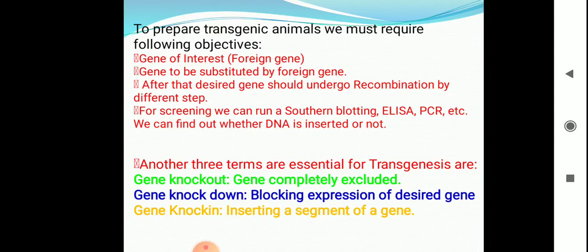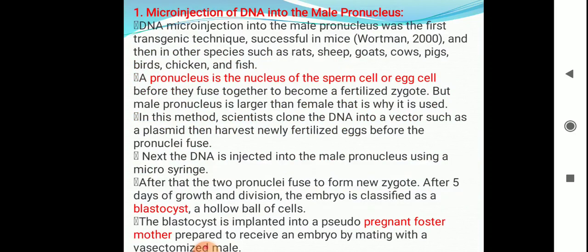In my next slides, we are going to discuss the first method, microinjection of the DNA into the male pronucleus. Now, what is a male pronucleus? When a sperm and an egg or ovum fertilize, they give rise to a zygote. In this zygote, before fusion of the sperm and egg, two pronuclei are found: the egg pronucleus and the sperm pronucleus.